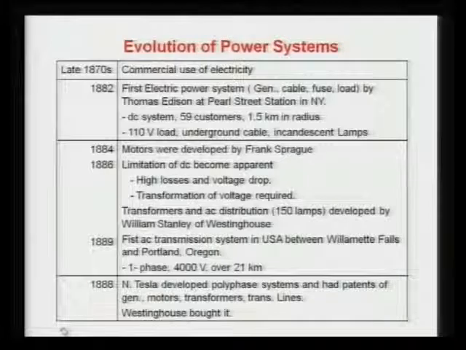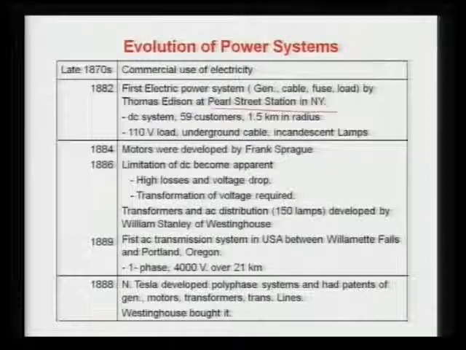The commercial use of electricity basically started in the late 1870s, but the first power system was developed by Thomas Alva Edison. It was at Pearl Street Station, and it was commissioned and operated in 1882.